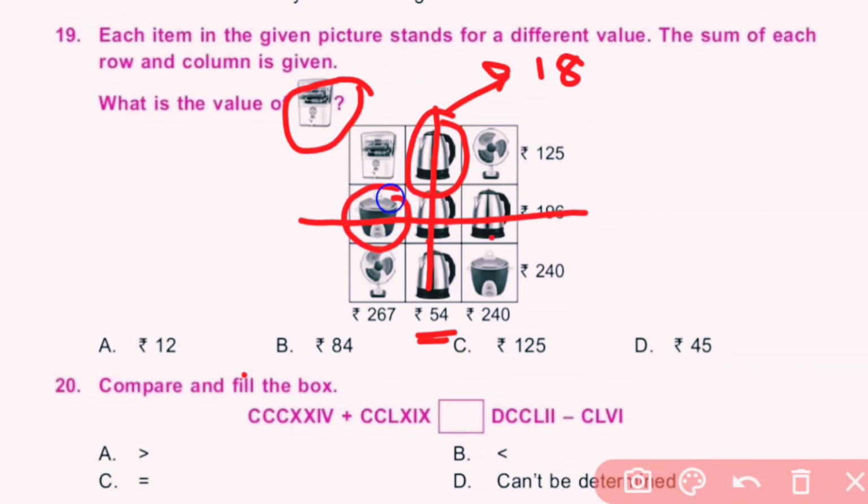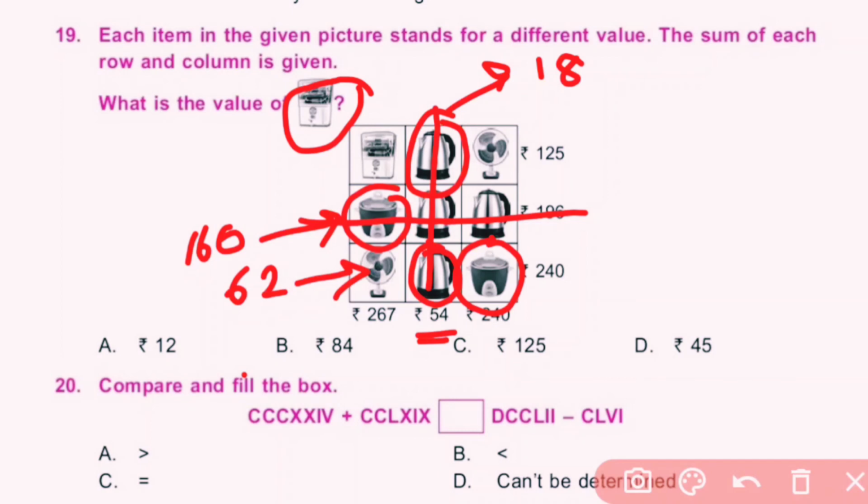Then what is the cost of this? 196 minus 36 is 160. Now this thermos is for 18. This hot pot is for 160. So 160 plus 18, 178. Then the cost of the fan is 240 minus 178, which is 62.